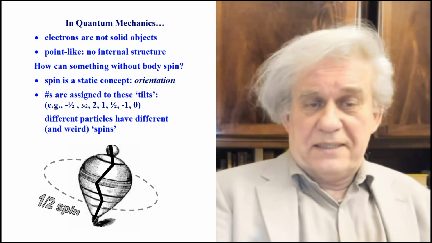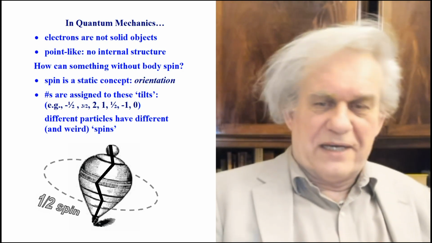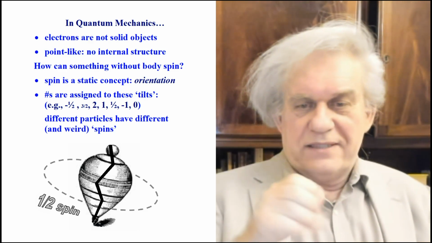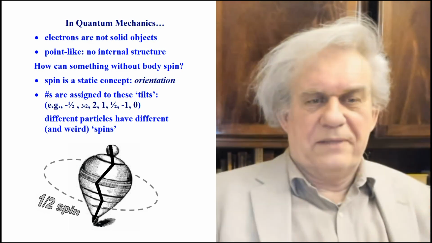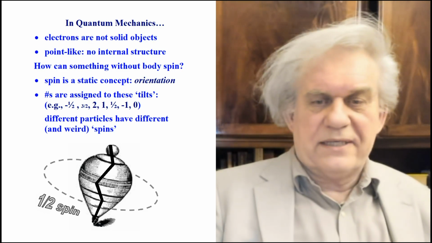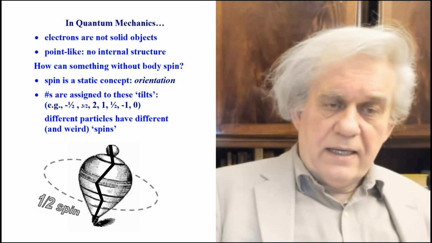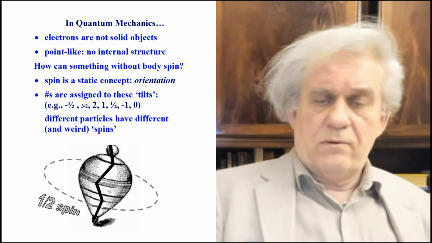Because if it's point-like, what part is spinning with respect to what? You're not talking about a point on its surface. You're talking about the fact that it doesn't even have a body. There's no structure there. So what are we going to do here? How can you get something to spin that has no body? And spin is a static concept in quantum mechanics.